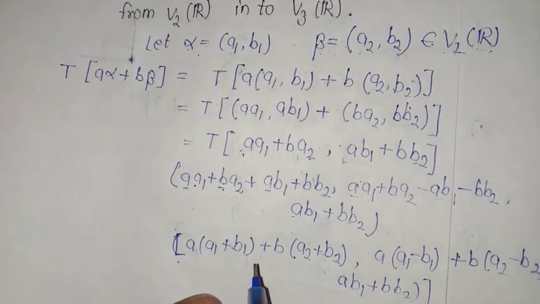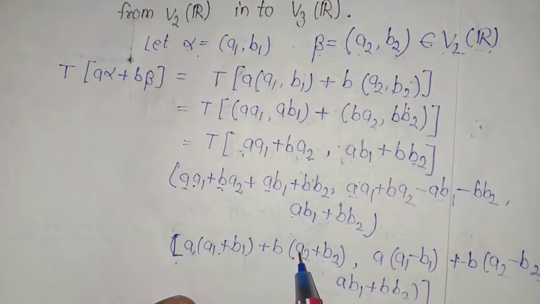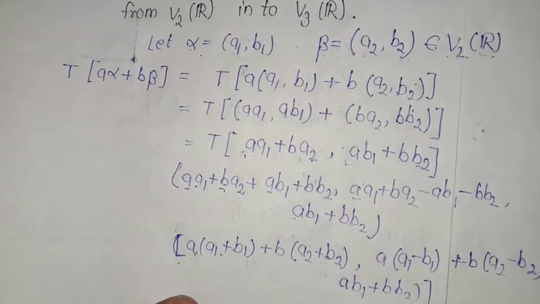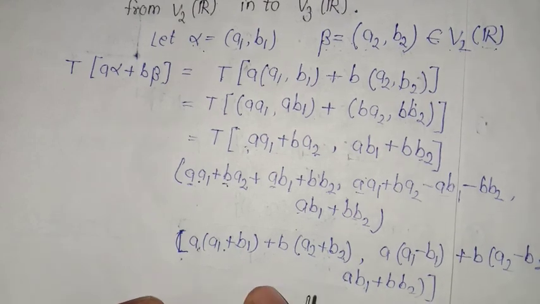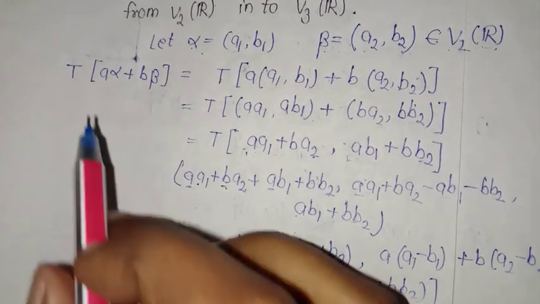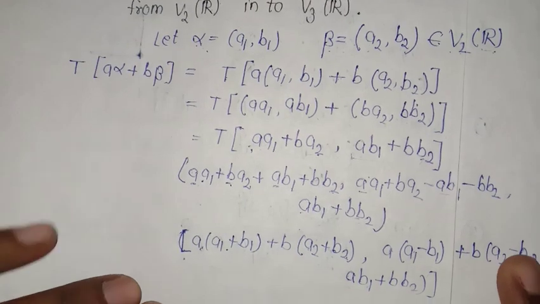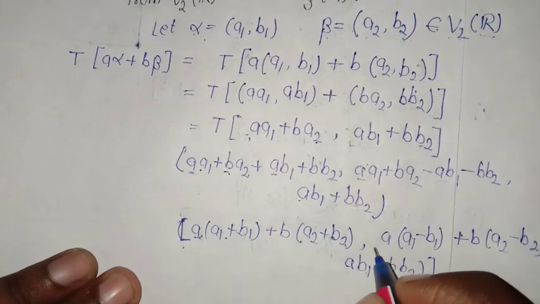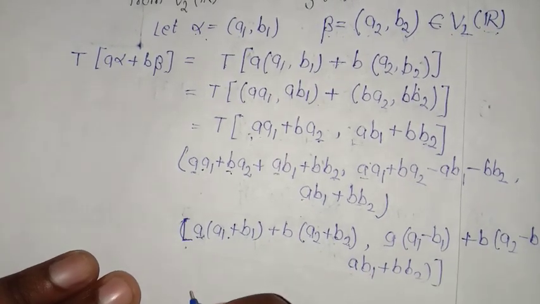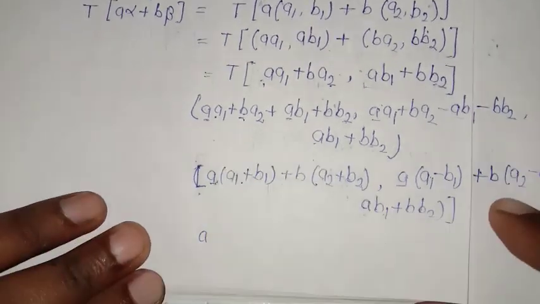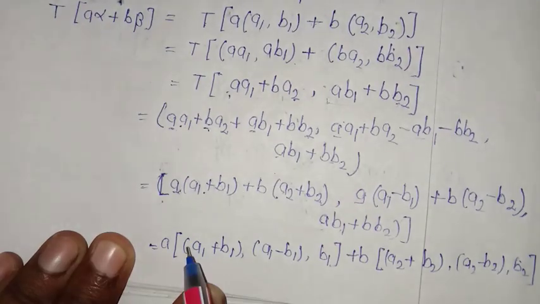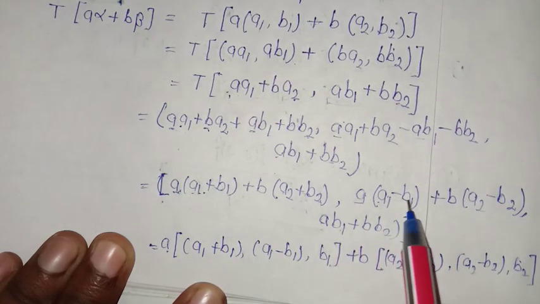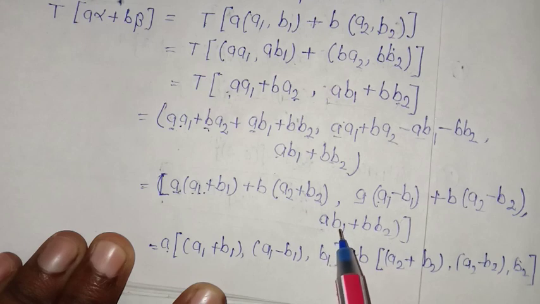Now by the definition, elements of the form A alpha plus B beta must belong to the linear transformation, so they must hold the definition of linear transformation. Now if I take all the elements in which A is common, then this can be written as A: after taking A as common, this becomes a1 plus b1, in the second term a1 minus b1, in the last term b1 only.